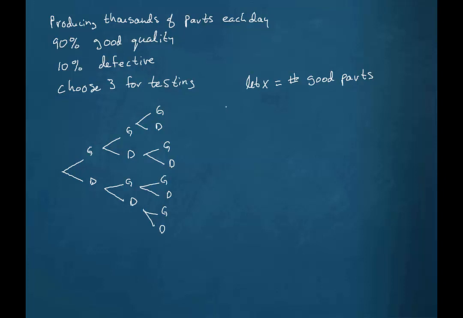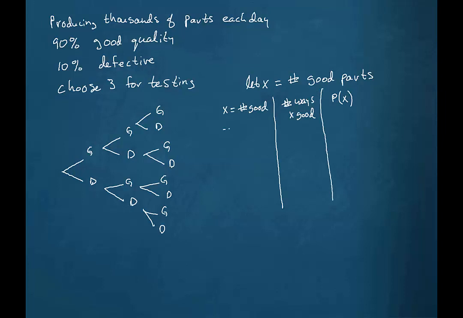Now let's construct a table where we have the number of good parts selected, the number of ways to get x good parts, and the probability that we would get that number of good parts.